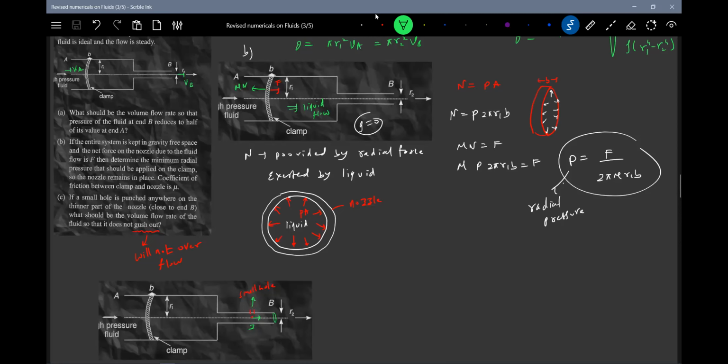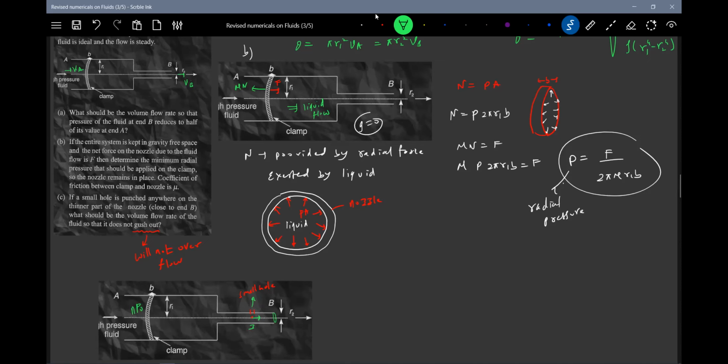Pressure at B is P naught, and what should be the pressure at point 3? Should be less than P naught, no? But again, what is the biggest problem is, what is the pressure at this particular point? It is NP naught. That liquid only will rush here.